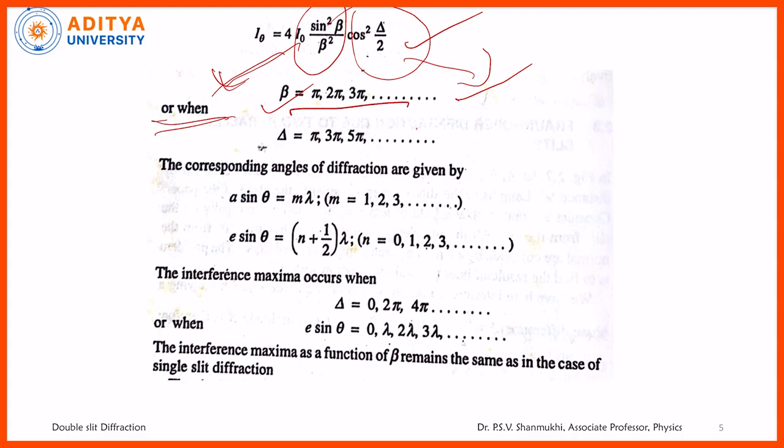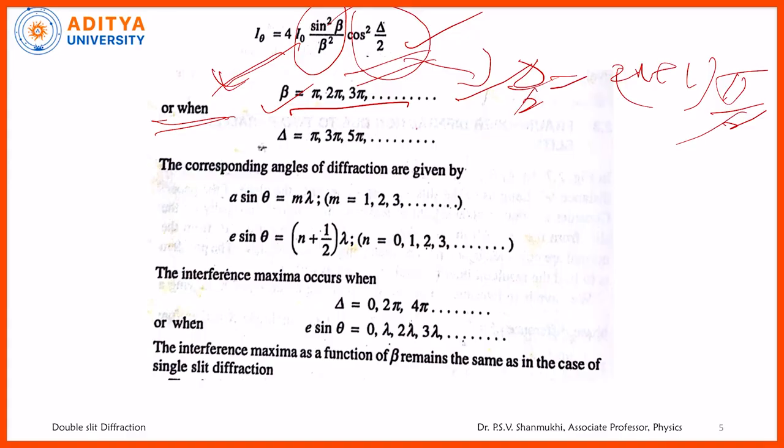In the same way, in case of the interference, what are the minima? That means this cos delta by 2 must be equal to 0, or delta by 2 is equal to 2n plus 1 pi by 2. Therefore delta is equal to 2n plus 1 pi, where n is equal to 0, 1, 2, 3.